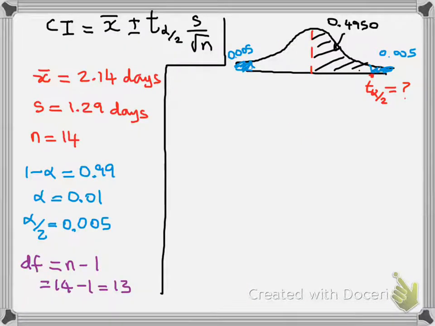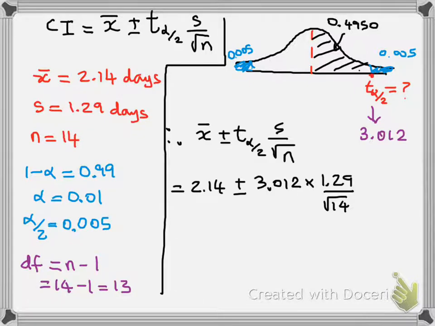So back to the problem, we have all this information now, and we have just found our T value, which is 3.012. So we will just make the substitution in our formula for confidence interval as shown, and using our calculators, we can calculate that the error range is 1.04, right? So 2.14 plus or minus 1.04 is our confidence interval.